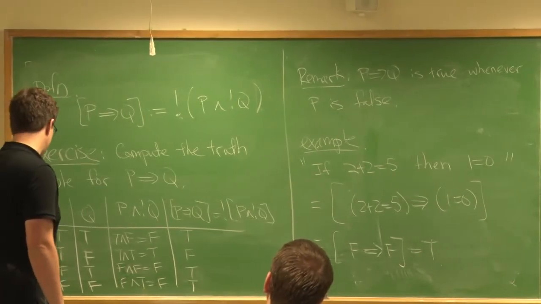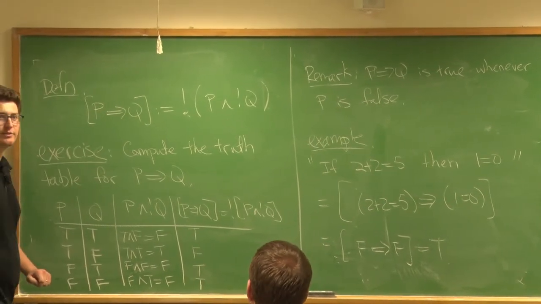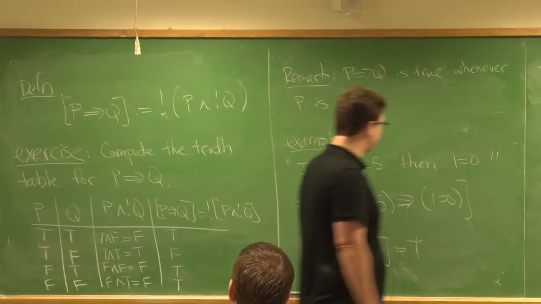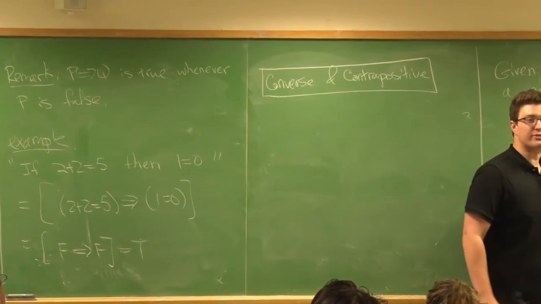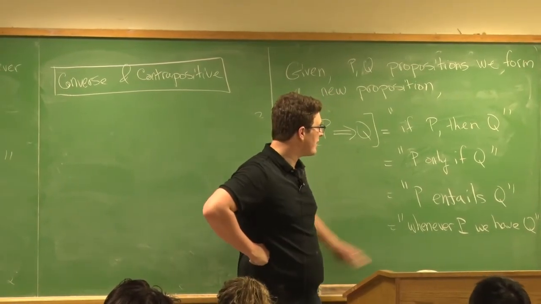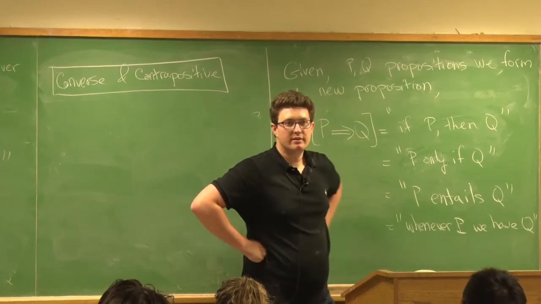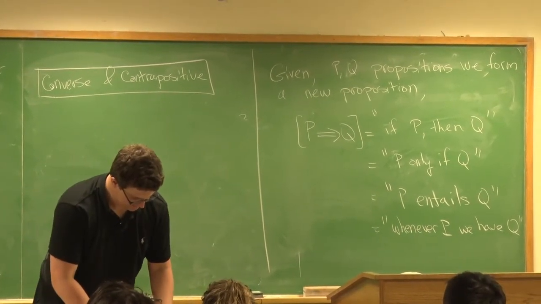So if P is false and Q is true, then it's still okay. And that's what you were asking. Would this idea be like P is contained in Q? Yeah, so P entails Q. That's why I wrote this one. It's like a circle and then a bigger circle around it. Yeah, if you want to think of it like that.